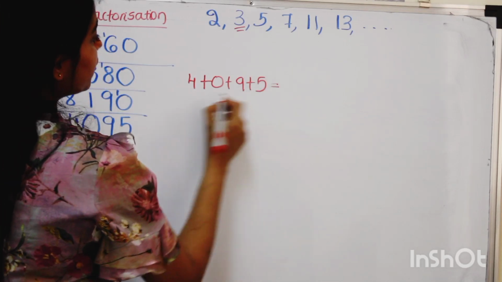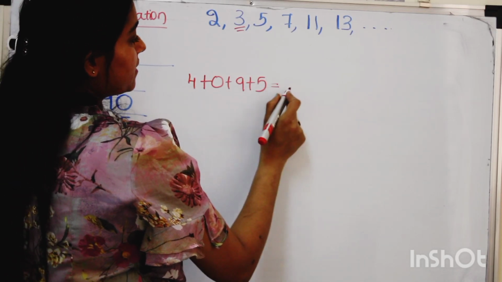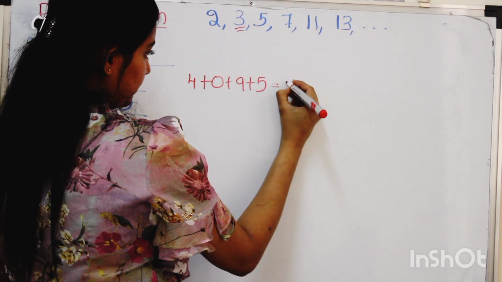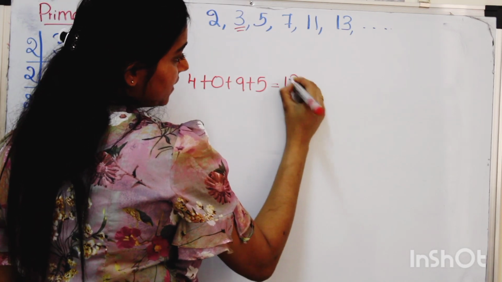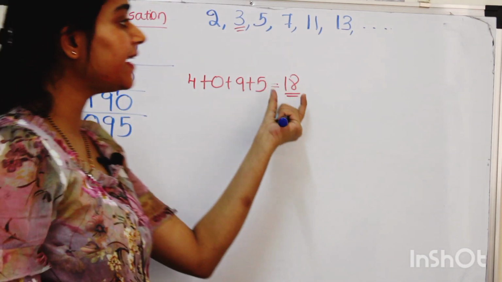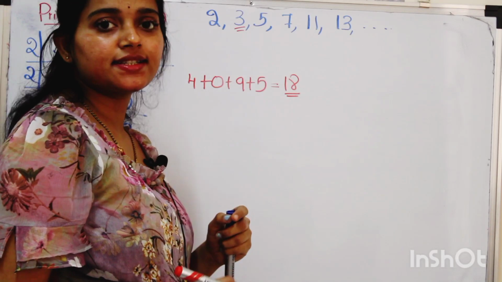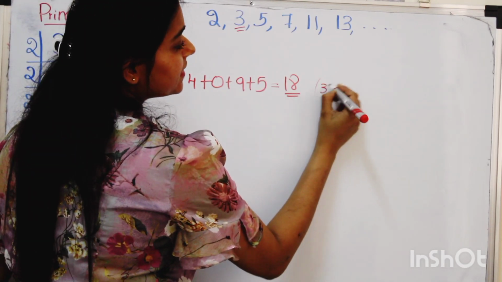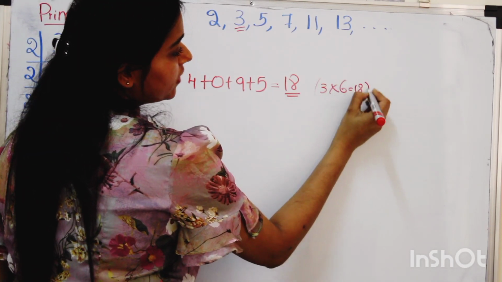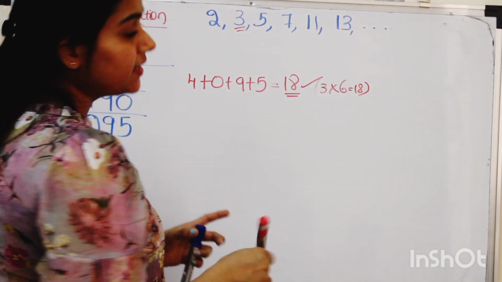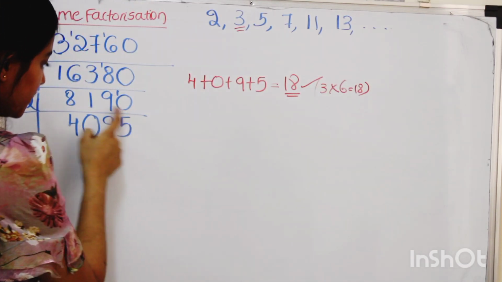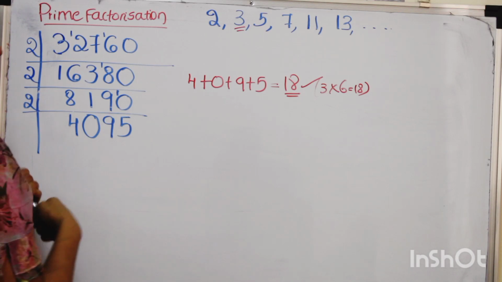So adding, 4 plus 0 plus 9 plus 5 is how much? 18. Now you have to check whether 18 is divisible by 3. Yes, 3 6s are 18. So this is divisible by 3. Therefore this whole number is divisible by 3.